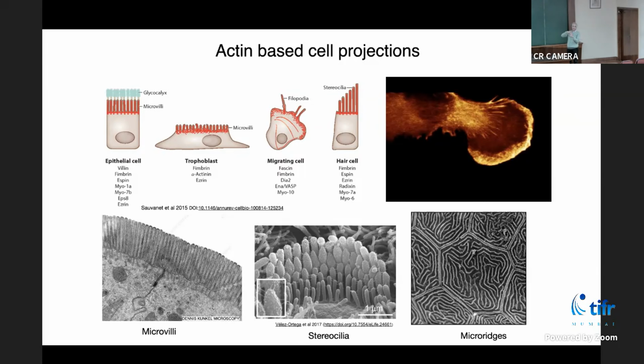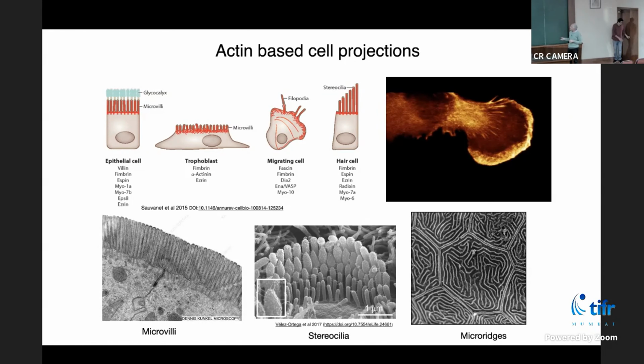So these are finger-like projections on the apical surfaces. And what one needs to understand is that the actin actually grows against the membrane, right? So one can imagine if the actin grows against the membrane, you can deform the membrane and form a finger-like projection as long as you have enough scaffolding around it so that it doesn't buckle.